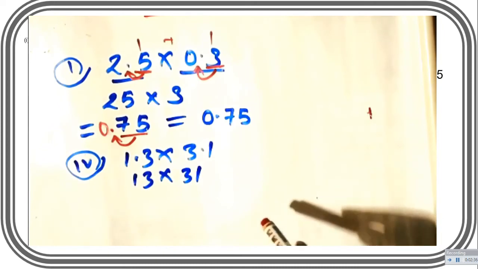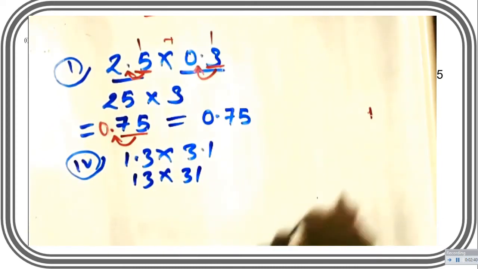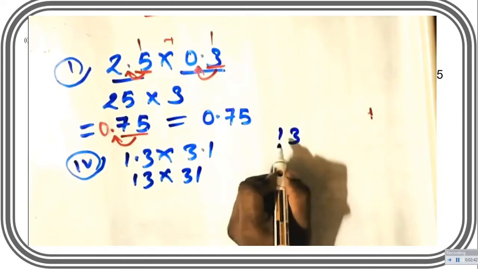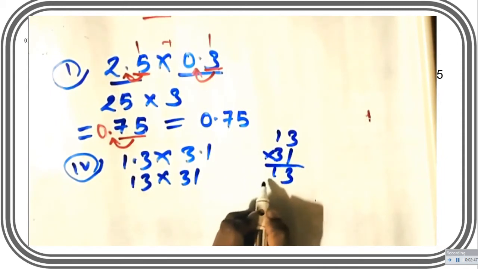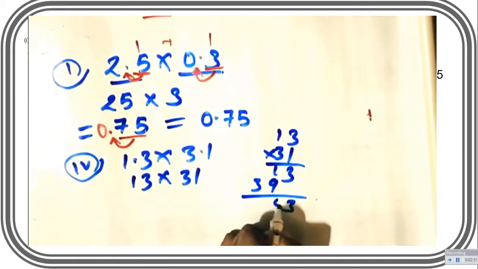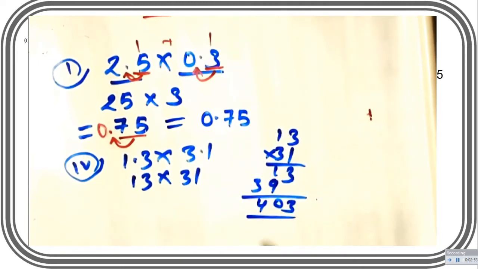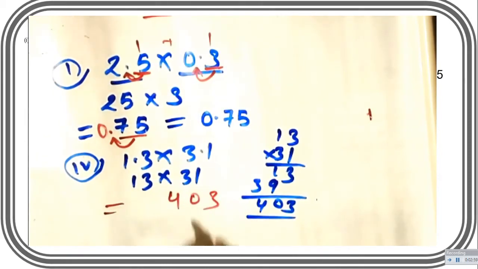Because first we multiply without the decimal point, then afterward we insert the decimal. So 13 multiplied by 31, what do you get here? The answer is 403. Write the answer, 403.